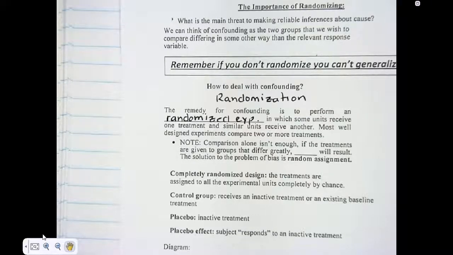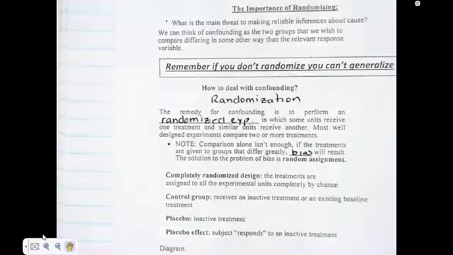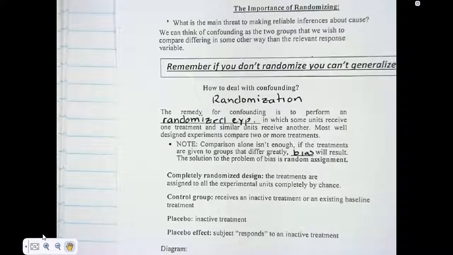Most well-designed experiments compare two or more treatments. Okay, note, comparison alone isn't enough. If the treatments are given to two groups that differ greatly, okay, bias will result. The solution to the problem of bias is random assignment.